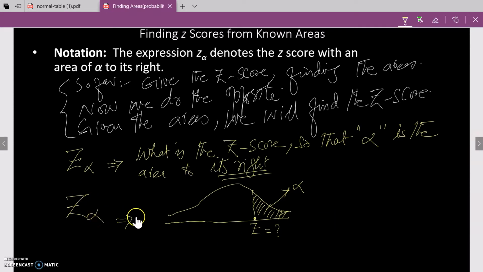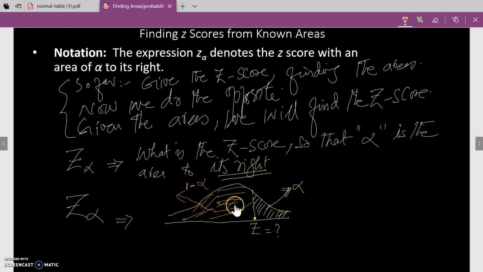Z sub alpha means give me the z-score such that alpha is the area to its right side. And recall from our earlier discussion, the total area under the normal curve is always equal to 1. If the area on the right side is alpha, then clearly the area on the left side will be 1 minus alpha.